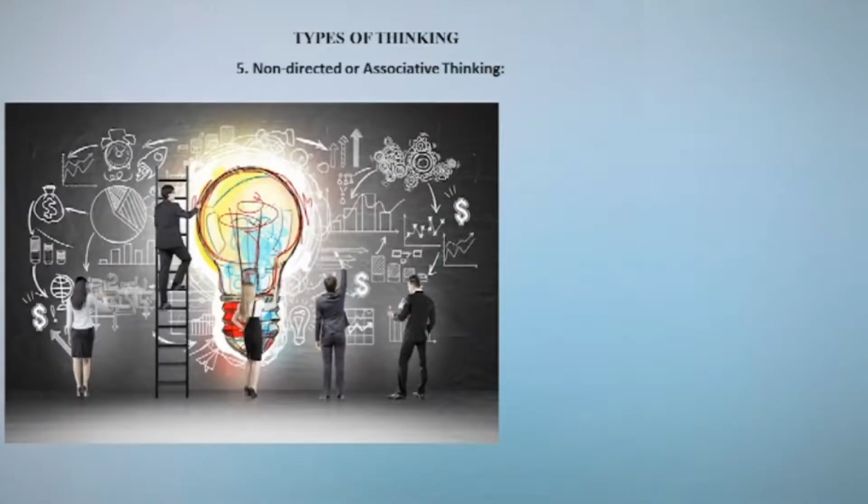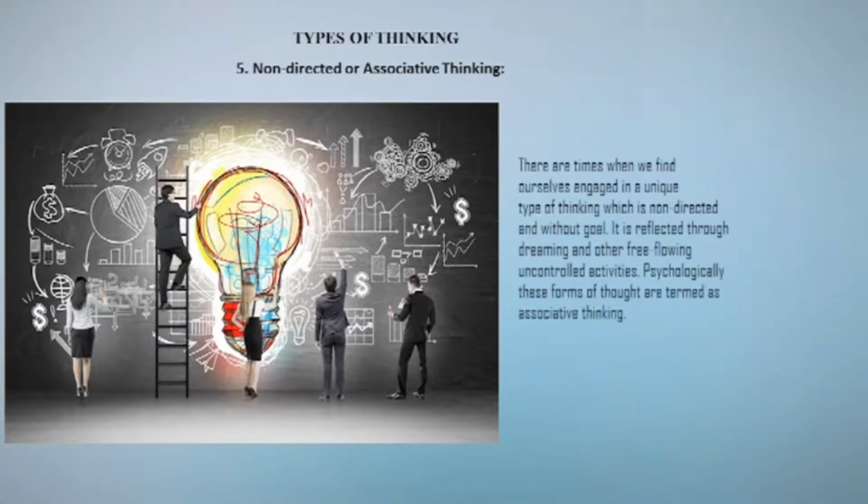The fifth type is non-directed or associative thinking. There are times when we find ourselves engaged in a unique type of thinking which is non-directed and without a goal. It is reflected through dreaming and other free-flowing, uncontrolled activities. Psychologically, these forms of thought are termed as associative thinking.